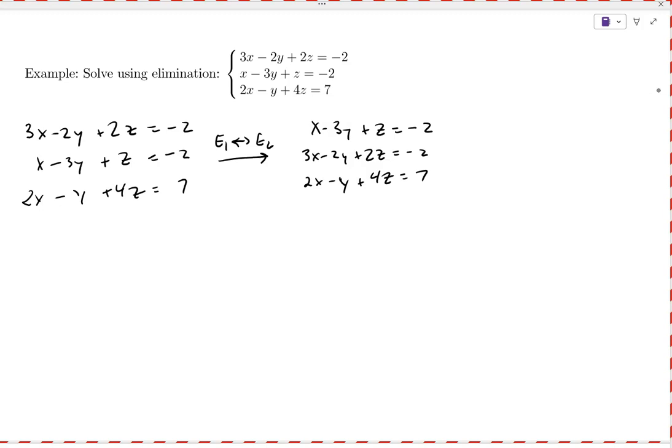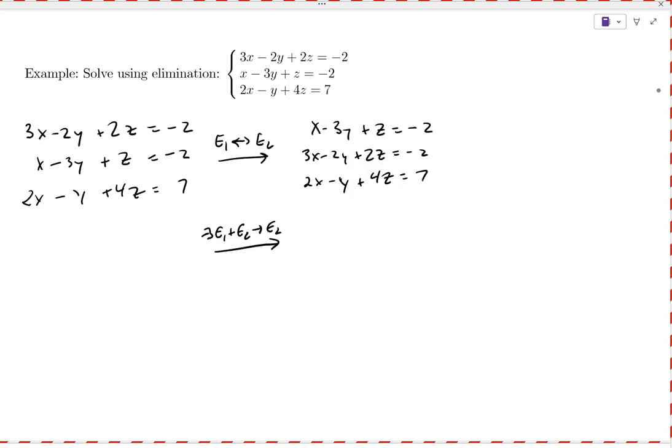So what do we need to multiply the first equation by to get rid of the 3x in the second equation? Negative 3. So we'll do negative 3 equation 1 plus equation 2, replace equation 2.